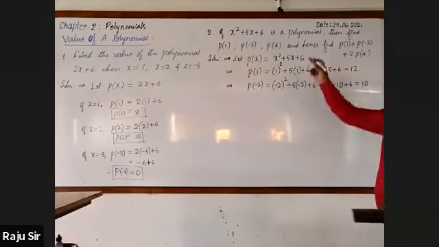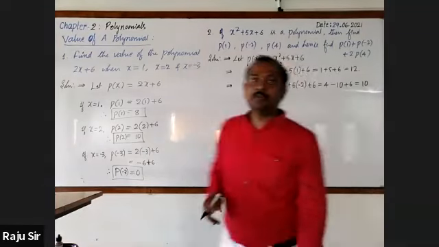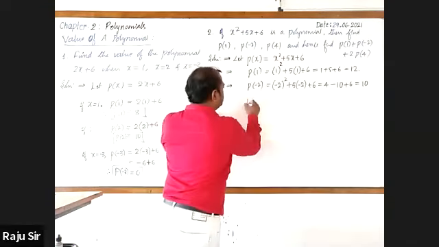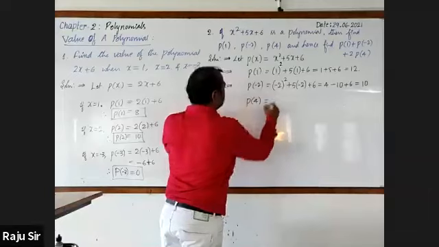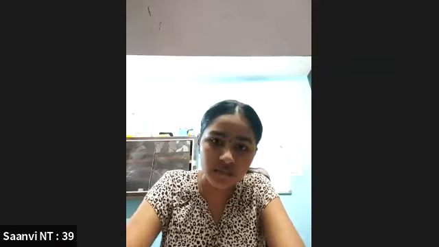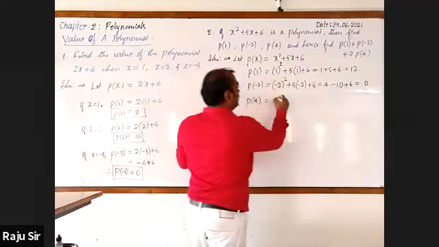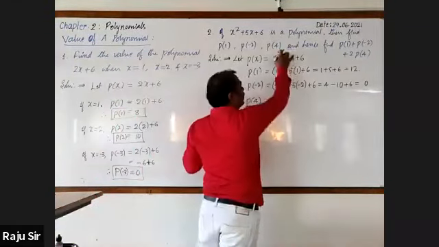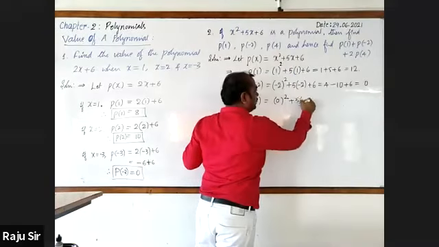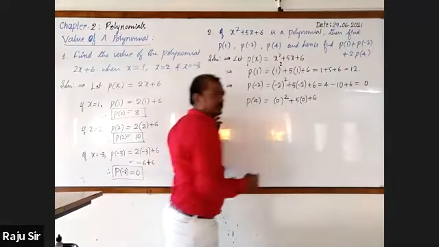Next, I'll go for finding the value of P of 4. Substitute 4 in place of x. It will be 0 whole square plus 5 into 0 plus 6.